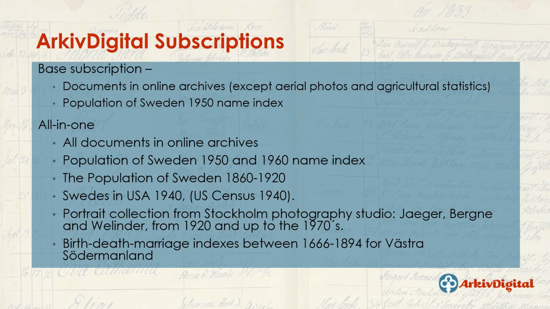There's also a portrait collection from Stockholm Photography Studios, which you can find many nice photos. Hopefully some of you will be able to find pictures of ancestors. And it also gives you the birth, death, marriage indexes between 1666 and 1894 for Västra Södermanland, which is the only one that has the indexes.